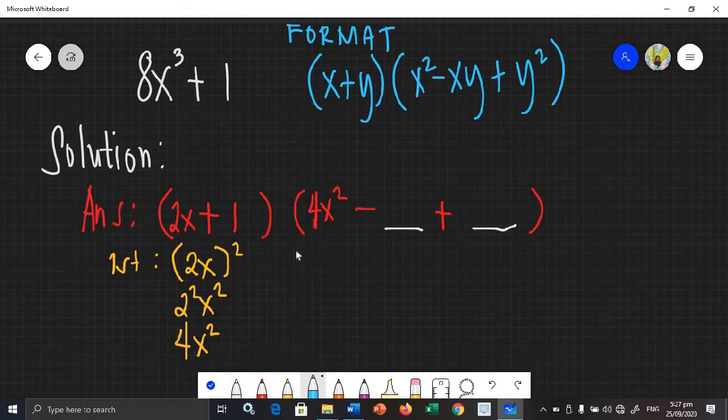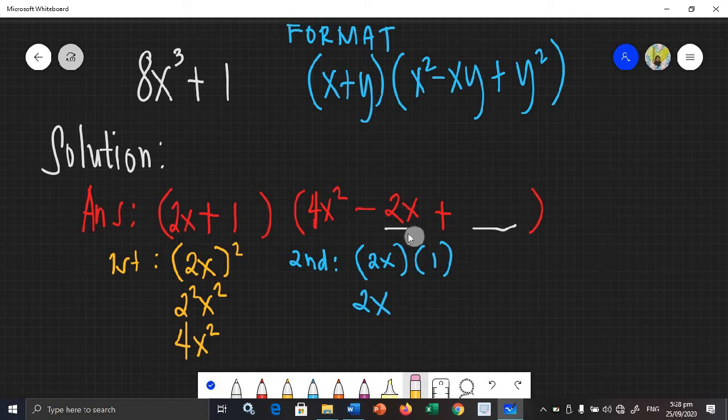Now, for the second term in the trinomial, sabi, we will be multiplying the terms of the binomial. Okay? So, i-multiply lang natin sila. 2x times 1 without minding any signs. So, 2x times 1, that is 2x. So, now we have our second term, which is 2x.